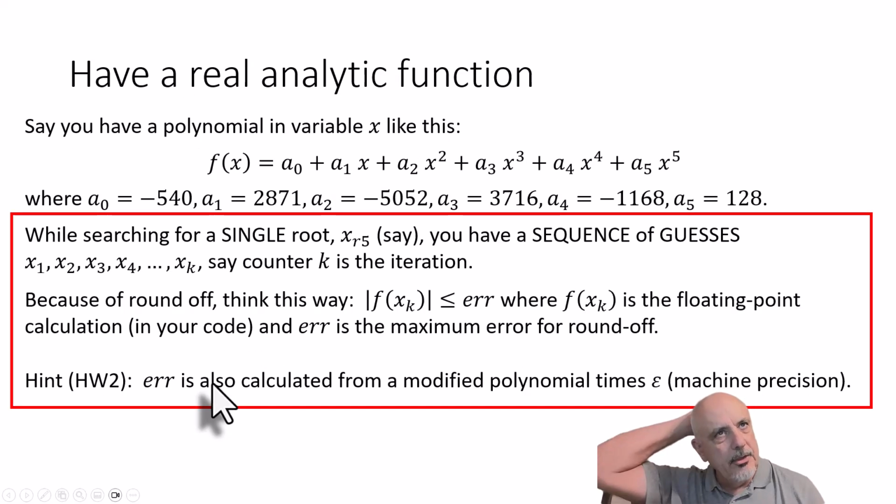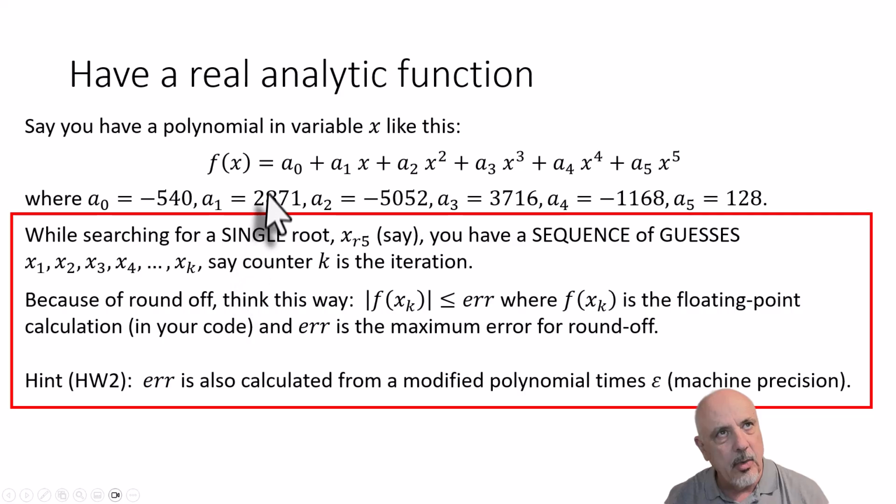All right, so what we're going to do is take our quintic polynomial and look at the absolute value of our floating point calculation, and see if it's less than some error. So getting this error is a big deal.